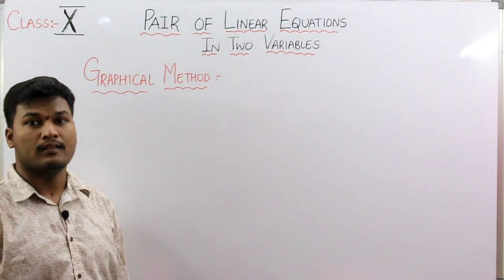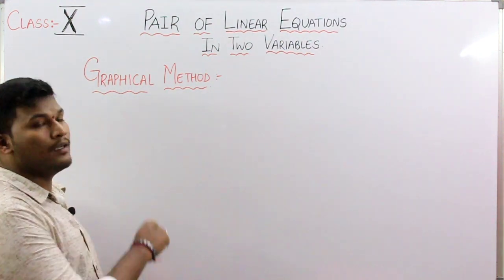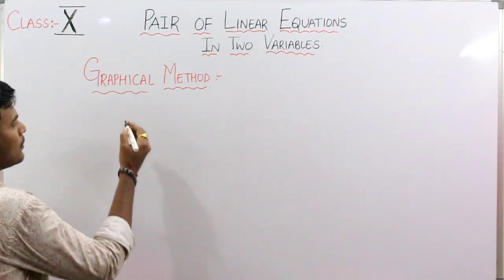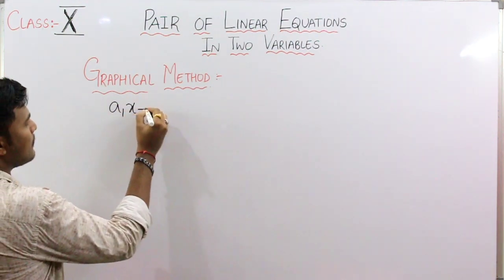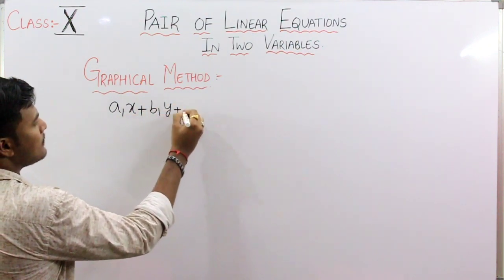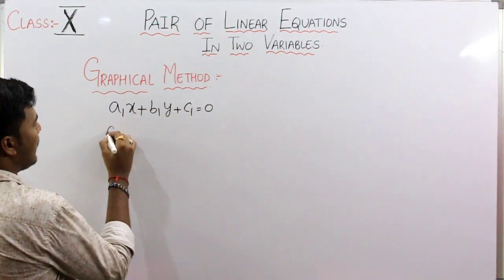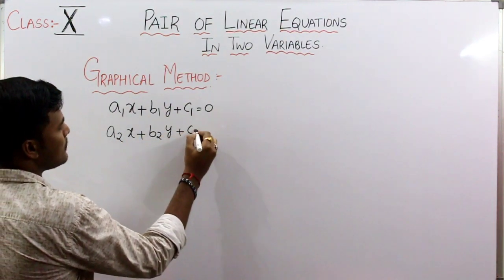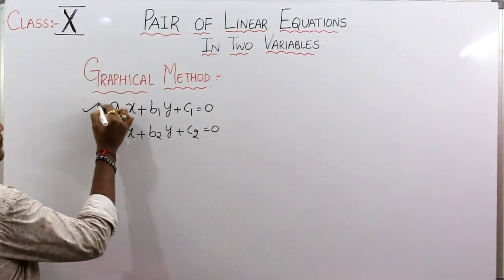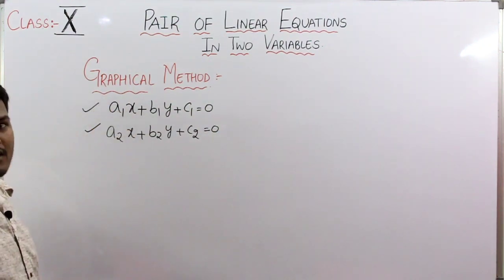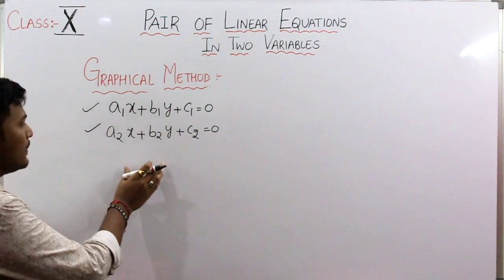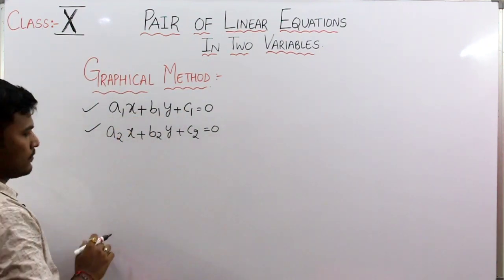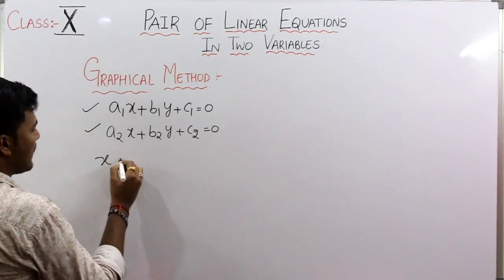Now let us see the graphical method of solving two linear equations. For that, let us consider two equations: a1x plus b1y plus c1 equals 0 and a2x plus b2y plus c2 equals 0. These two are called a pair of linear equations in two variables. For these we will get a solution x and y.